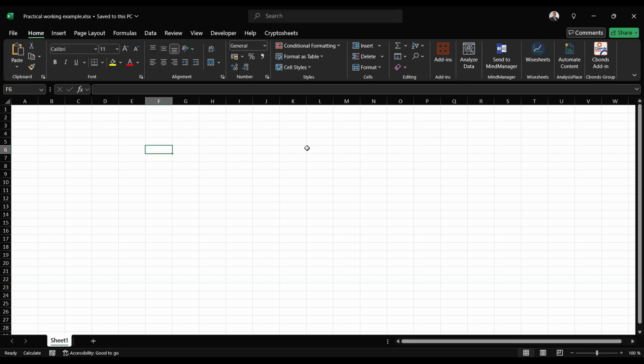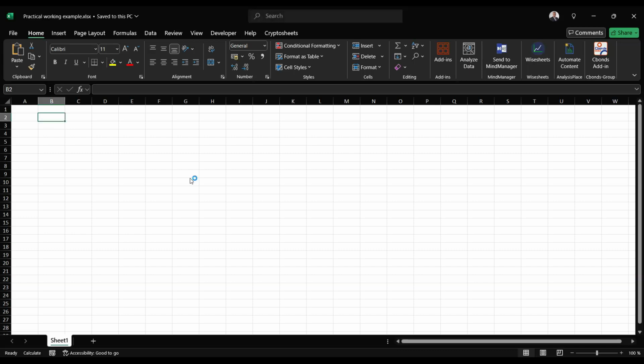for the calculation of value at risk, we have to collect the data. Here in Microsoft Excel, there is a very good function which is called stock history.